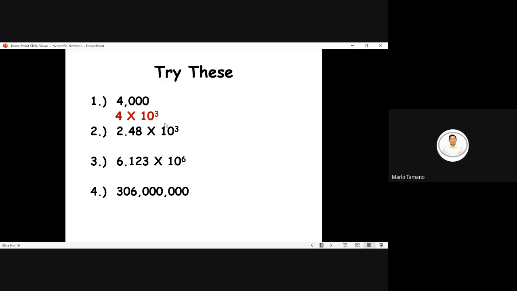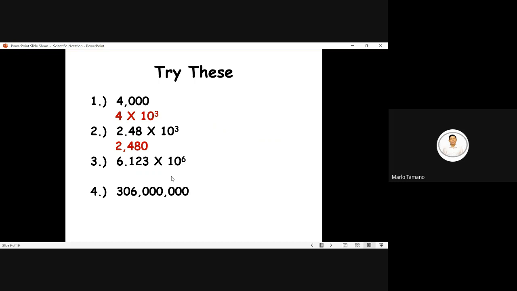How many spaces? It should be 3. Okay po? Then move the decimal point 1, 2, 3 and add 0. What is your final answer? 2,480. So that is correct.